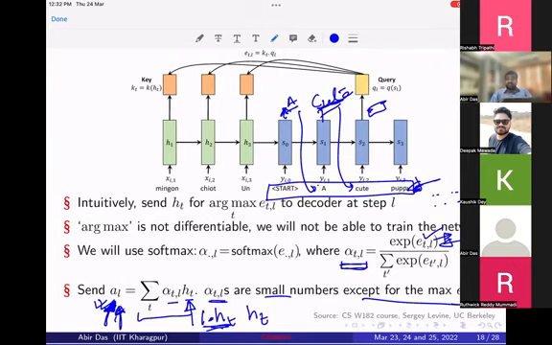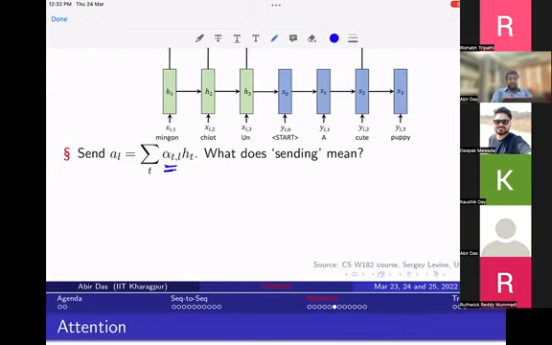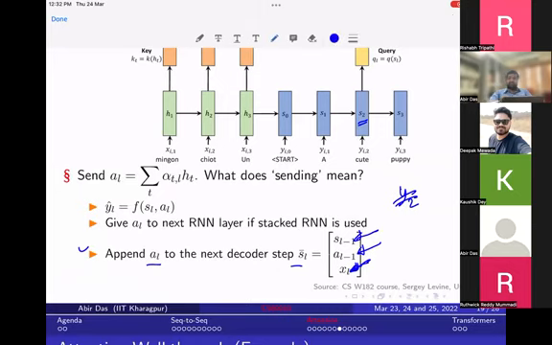So it's one single scalar value, and alpha TLs are again a single scalar value, for T and L. So when you are combining them, ultimately this output will be of the same dimension as the hidden state. There are many other variants, but these are just three options for how you can use it.